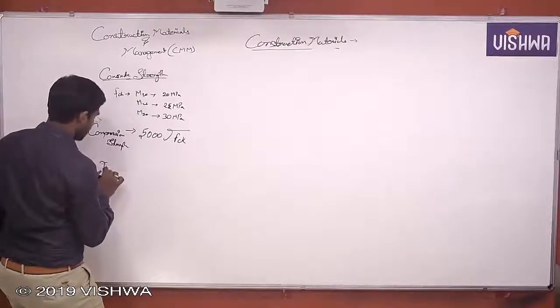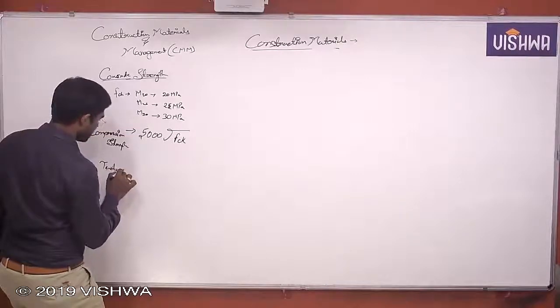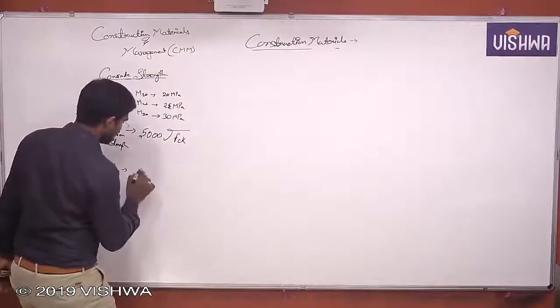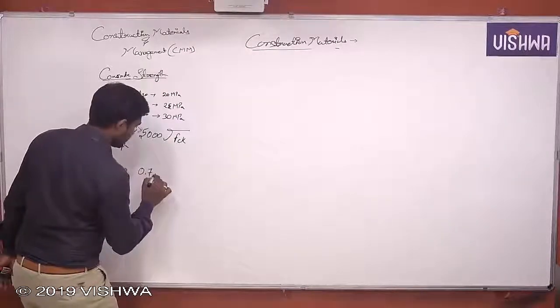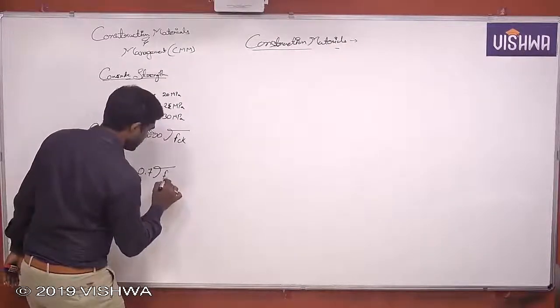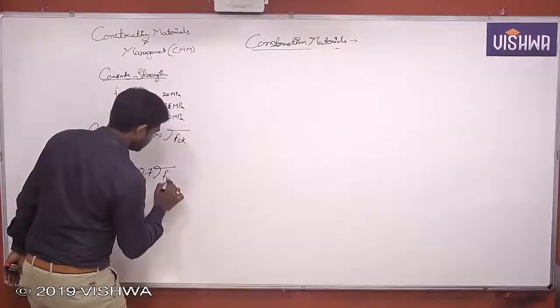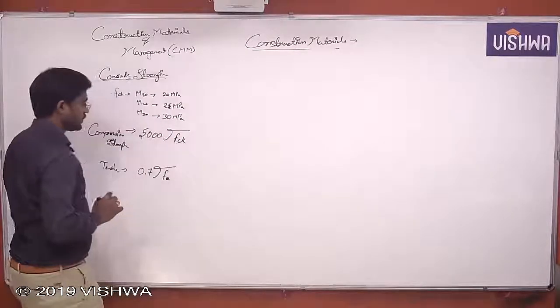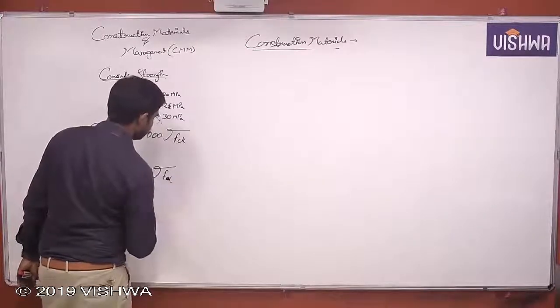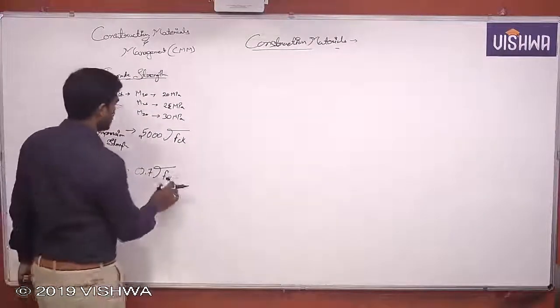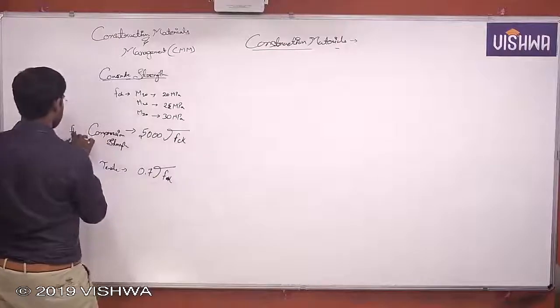If we go with the tensile strength, it is 0.7 under root fck. So in general we'll be calling it fcr.